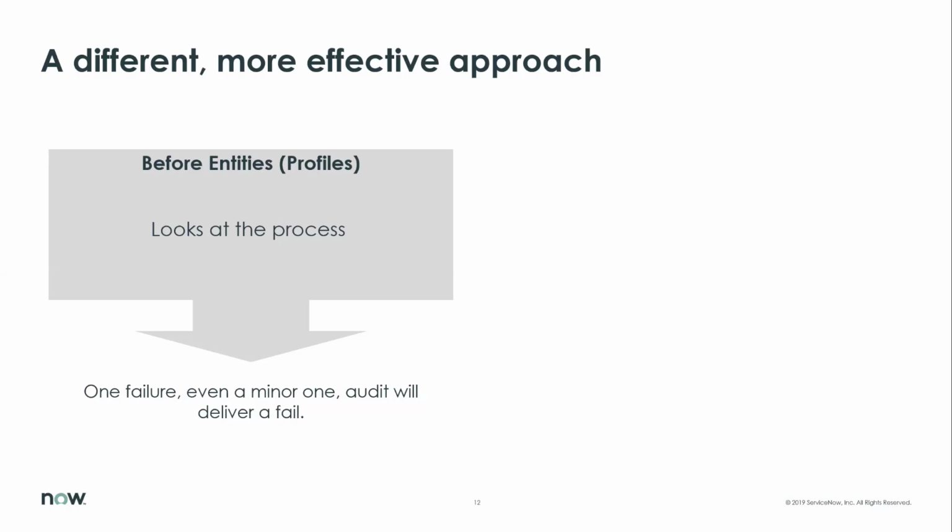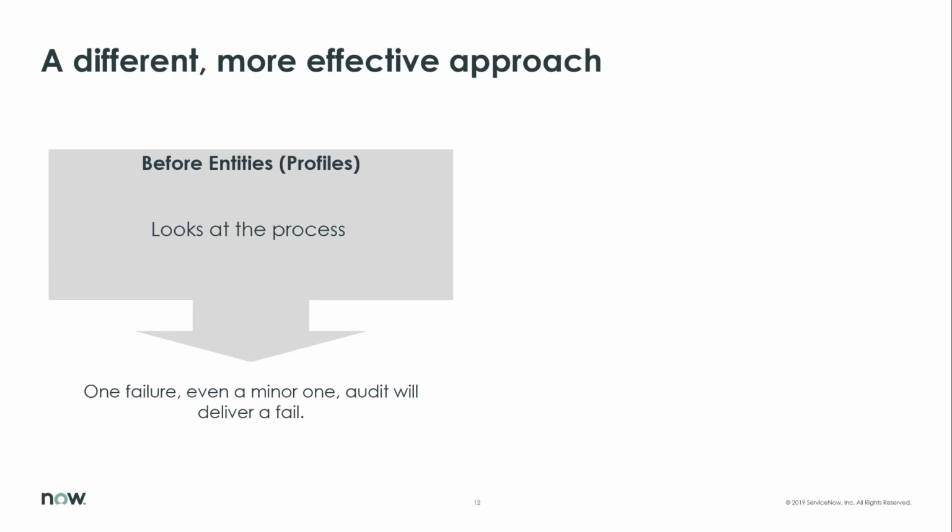They would sample information from that process, and then they would deem whether the process was a success or a failure across the board. And you find there's a huge difference between a mission-critical financial system and an internal system that really doesn't matter to the business. What happens with a process-centric view of compliance, or a process-centric view of risk, is that one failure, even a minor one, can cause you to fail that entire process.